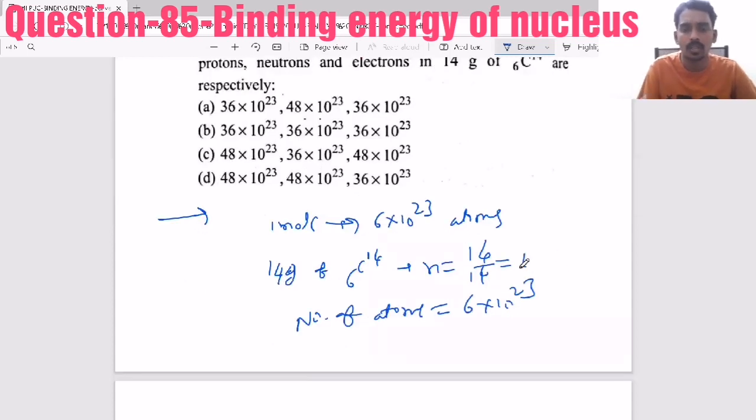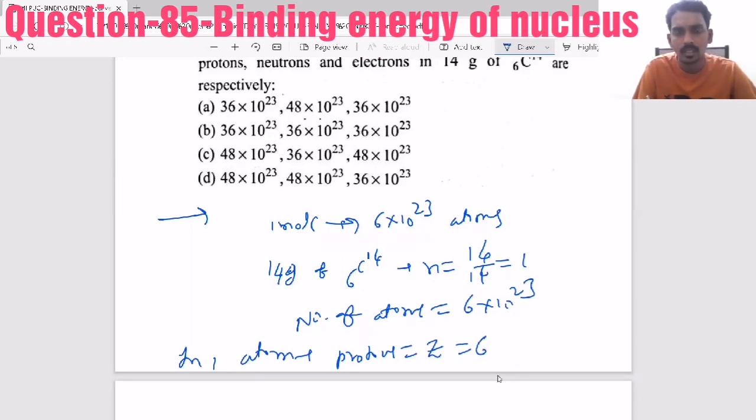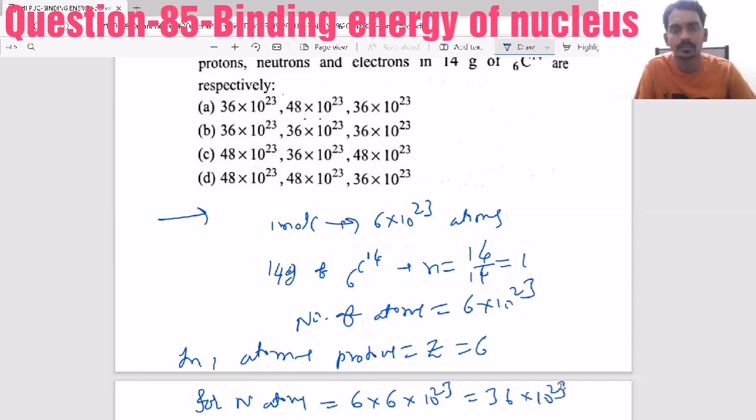Now they are asking about protons. In one atom, protons equal Z, and Z means 6. So for n atoms, it will be 6 into 6 into 10 power 23, that's 36 into 10 power 23.